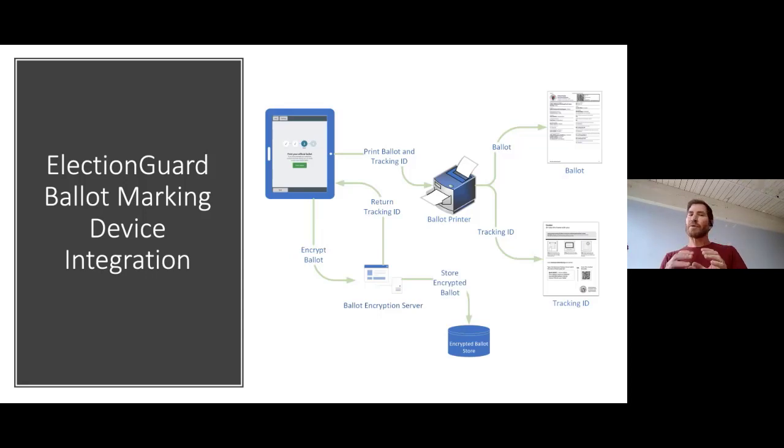That has to occur after the voter has submitted their ballot, because we want to make sure that ballot reflects their final choice. Okay, so then the ballot is printed and the verification code is printed. The voter gives the ballot to the election official, and then it is tallied and eventually released. And they take that tracking ID home because they're going to look it up later.